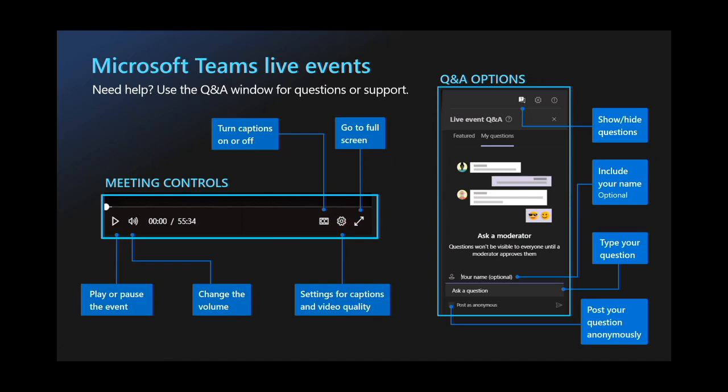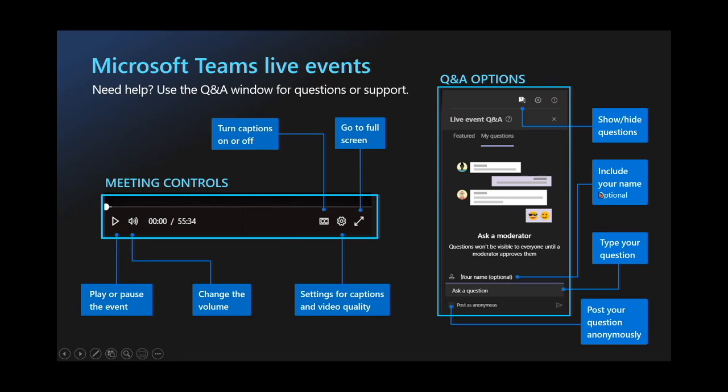From the settings wheel, you can select whatever text size, text color, and transparency you want for those closed captions, as well as additional options for the improvement of the video quality of the event. If the content or the screen goes pixelated or blurry, just know that underneath this settings wheel in the bottom right, you will find some features that will help improve that. And last but not least, the arrows will allow you to go in full screen mode.